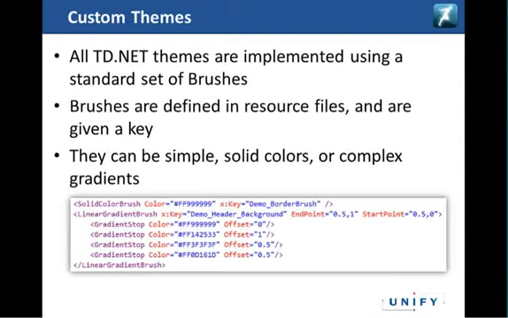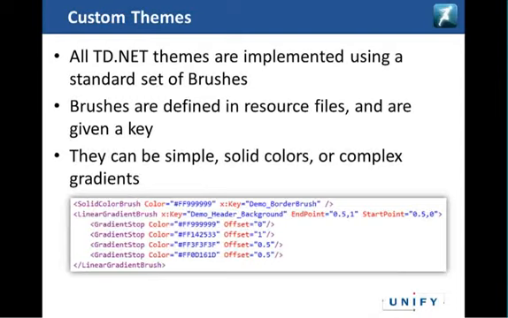So all of TD's themes are implemented using a standard set of brushes. And as I showed you earlier when I edited that XAML file directly, brushes are basically colors. They can be simple solid colors like black or white or some RGB value, or they can be more complex gradient style brushes.